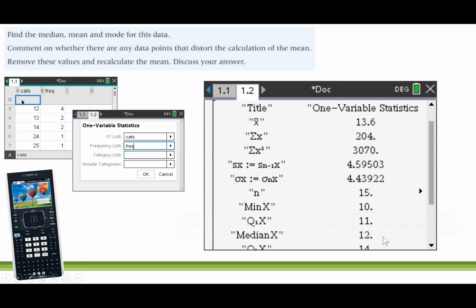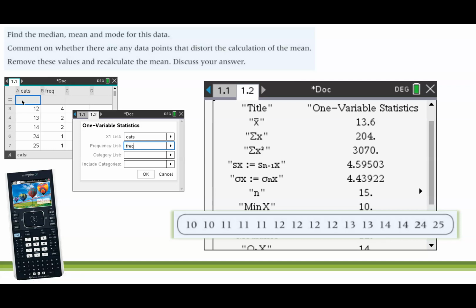Okay. But it doesn't take much of an observation to see that 24 and 25, those are quite different age cats than all the other ones that this person was working with. I'm assuming it's a vet. Anyway, we're basically asked what would happen if we were to exclude the 24-year-old and the 25-year-old cat from our consideration.